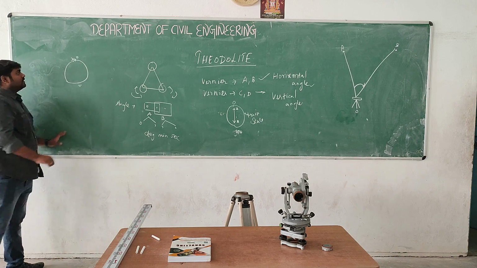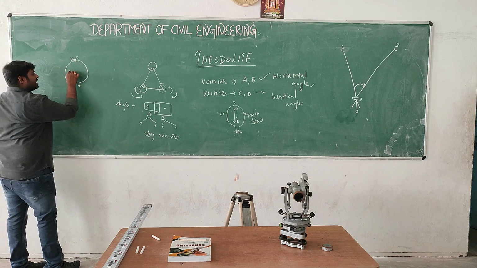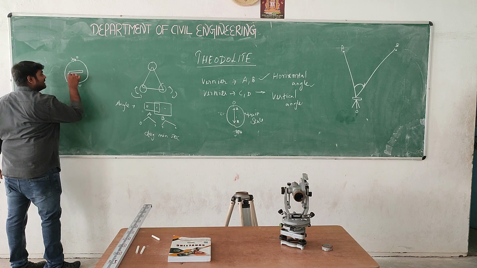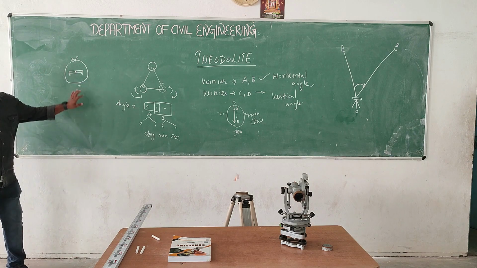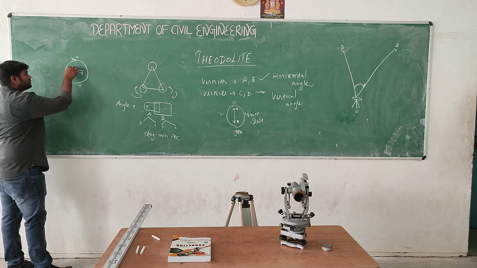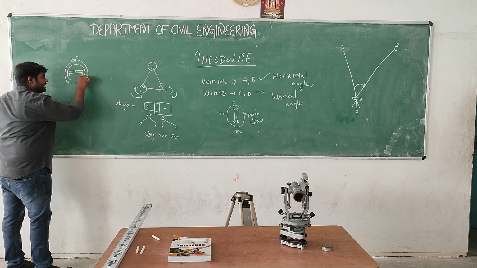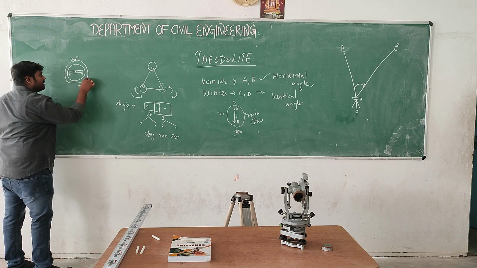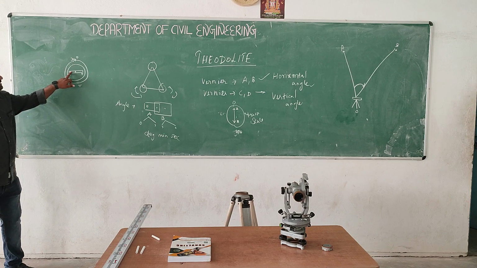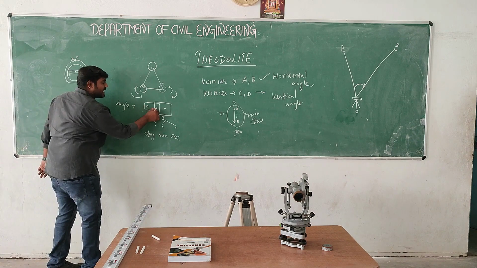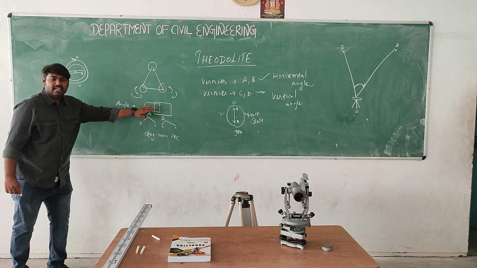Vernier A and B are fixed in the middle of the theodolite. So what vernier A indicates on the main scale should be degrees and minutes.